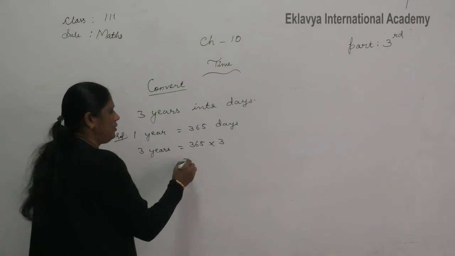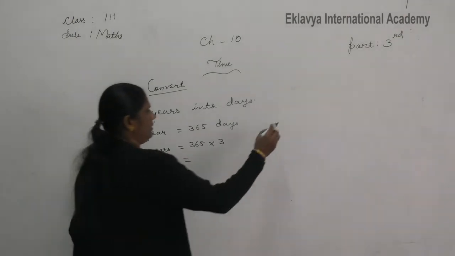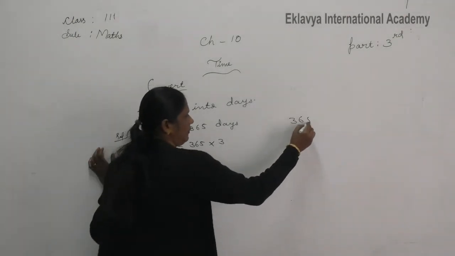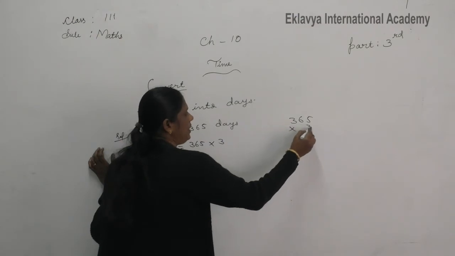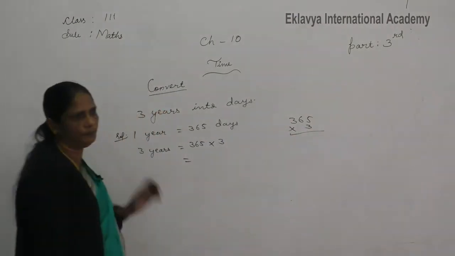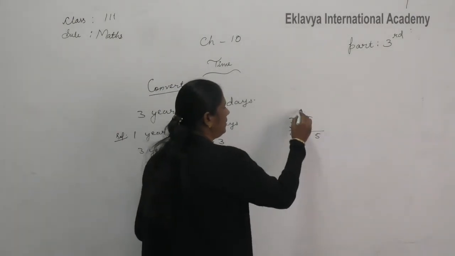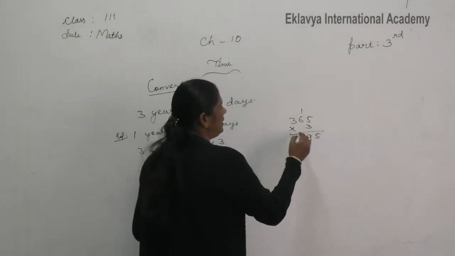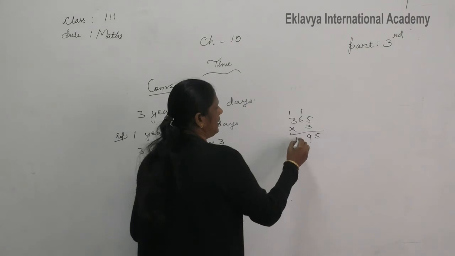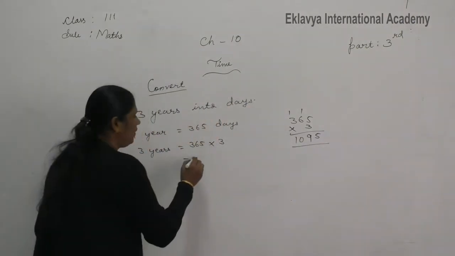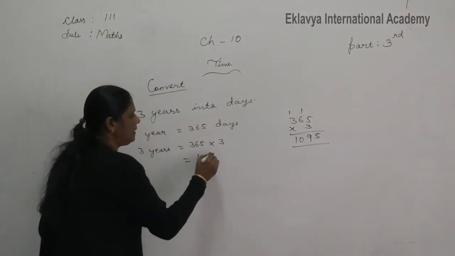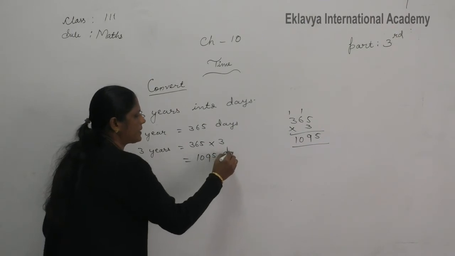First you multiply this number, 365 into 3. 3 fives are 15, 18, 19, 10. What is our answer? 1095 days.